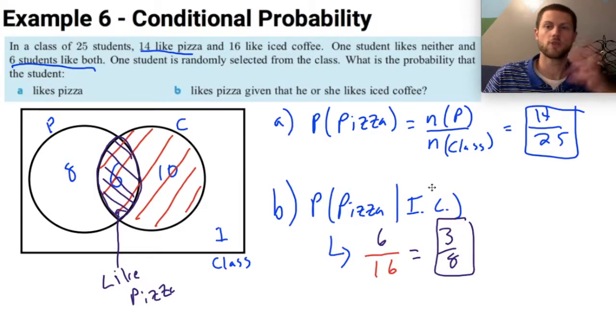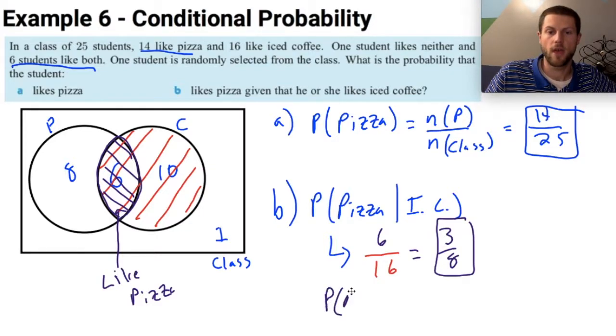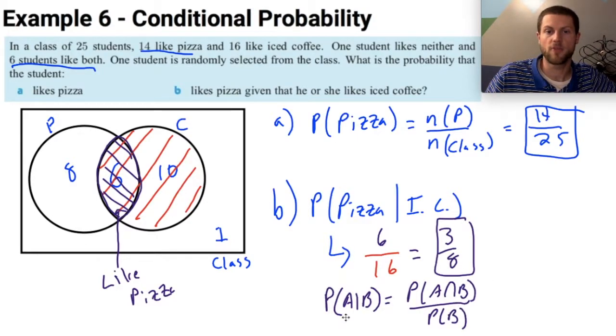Now let's just look at that using that probability law that we talked about before. We said that the probability of A given B is equal to the probability of A and B divided by the probability of B. Or in this case, I could say the probability of pizza given iced coffee is going to equal the probability of pizza and iced coffee over the probability of iced coffee.